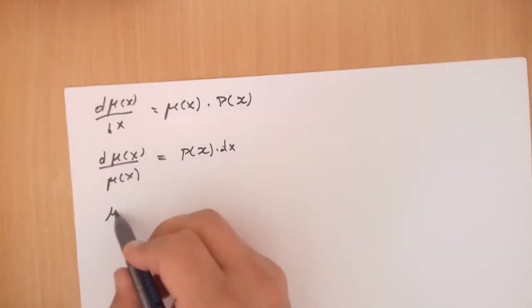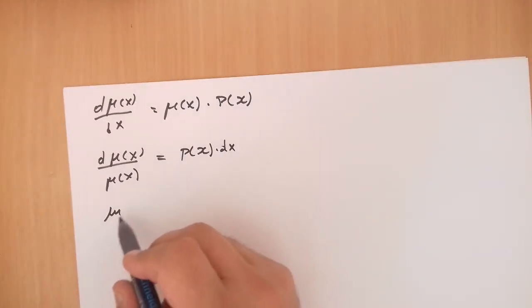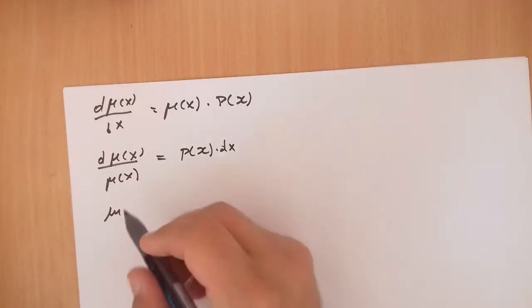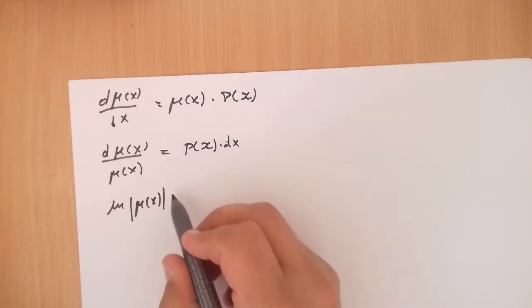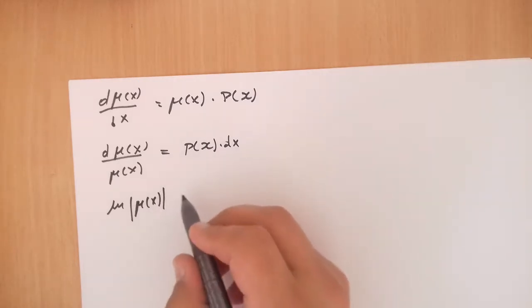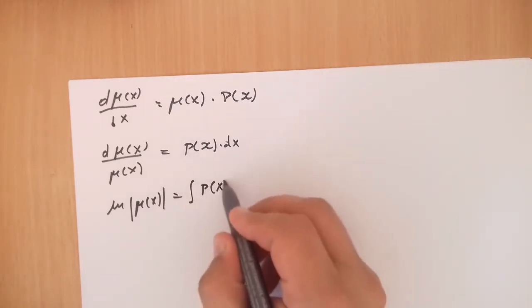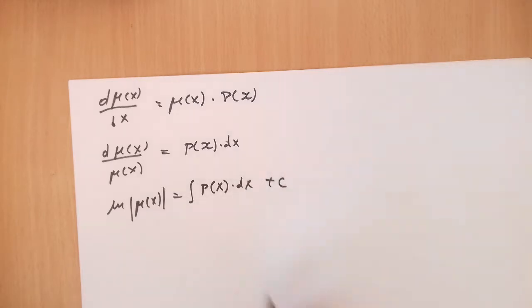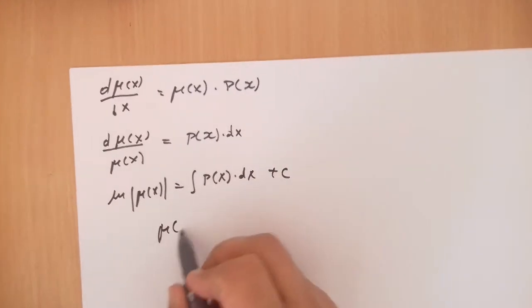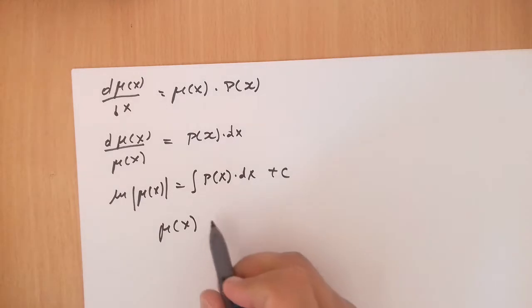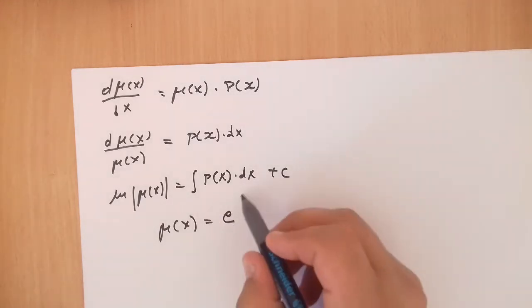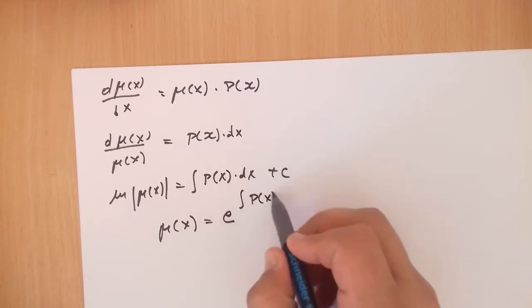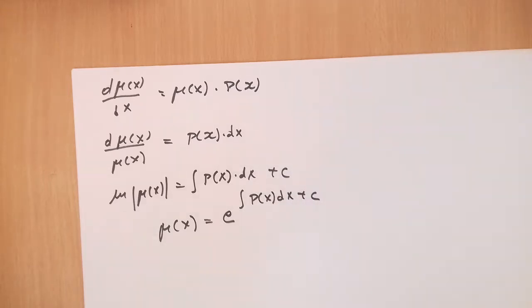This gives the natural logarithm, ln of mu of x, which is equal to the integral of p of x dx plus c. So mu of x is equal to e to the power of integral p of x dx plus c.